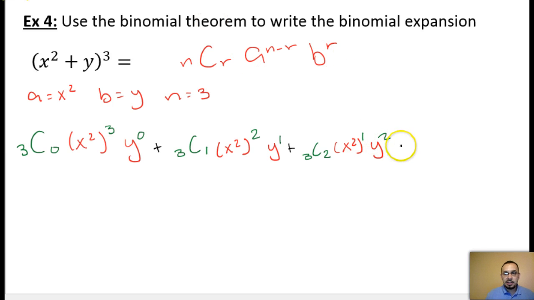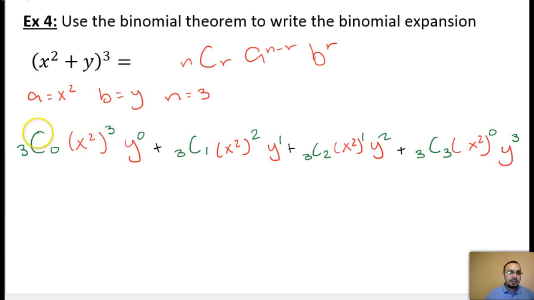And my last iteration is 3 choose 3. I get x squared to the power of 3 minus 3, which is just 0. Y to the third. So we're going to keep going starting from 0 until we hit our n value.